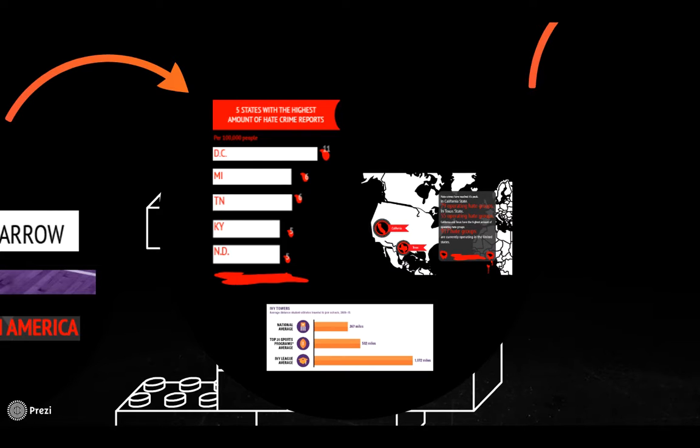And I utilize identity labels to show what this graph was about, which was the five states with the highest amount of hate crime reports per 100,000 people. I also utilize precision labels to show the exact amount of hate crimes per state.